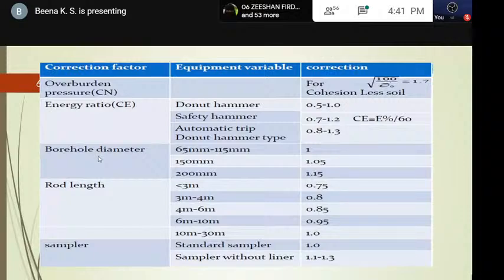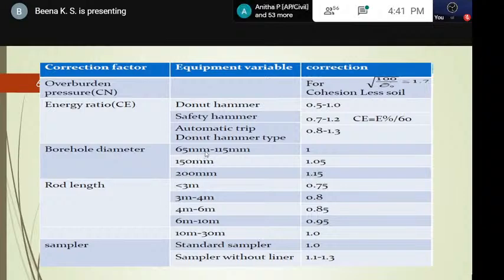Now, the borehole diameter: we normally take a borehole diameter as 150 to 200 millimeter at maximum, or 100 to 150 millimeter is the normal borehole we use in the field.